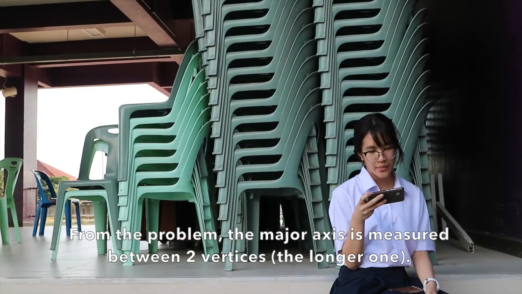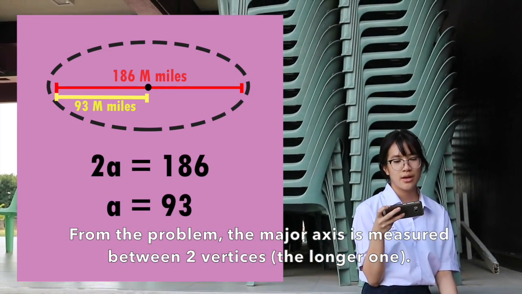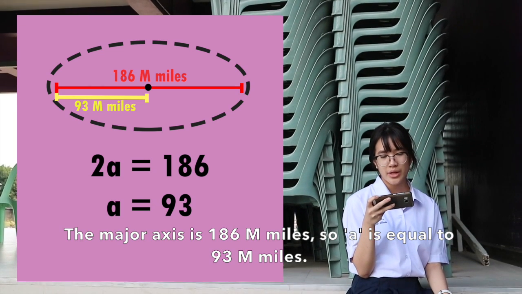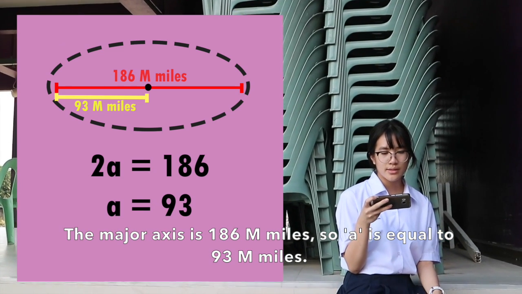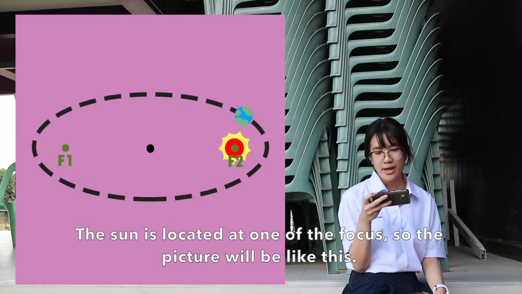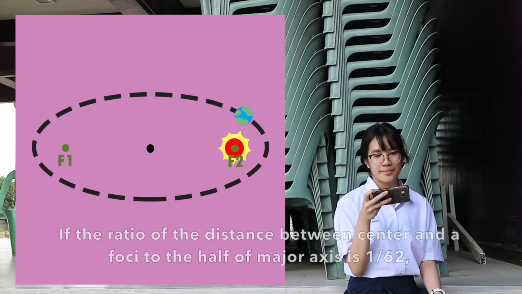The major axis is measured between the two vertices, the longer one. The major axis is 186 million miles, so a is equal to 93 million miles. The sun is located at one of the foci, so the picture will be like this.